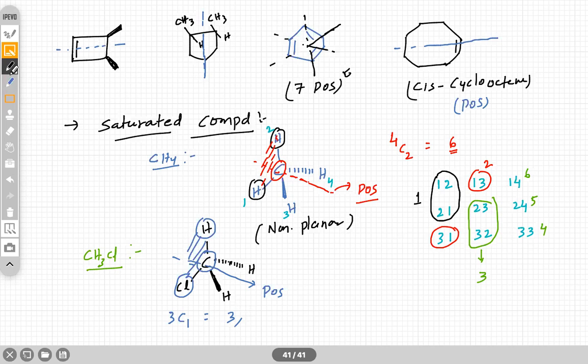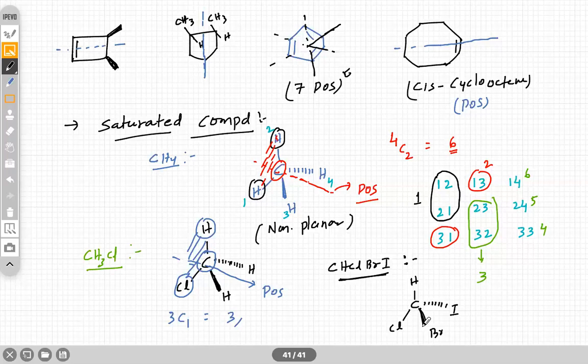Okay, we'll take the last example here, CHClBrI, this is another molecule we have. So its structure would be carbon with H, Cl, Br and I. So in this case, you see, whatever you think, you won't have any plane of symmetry because all the 4 atoms are different.